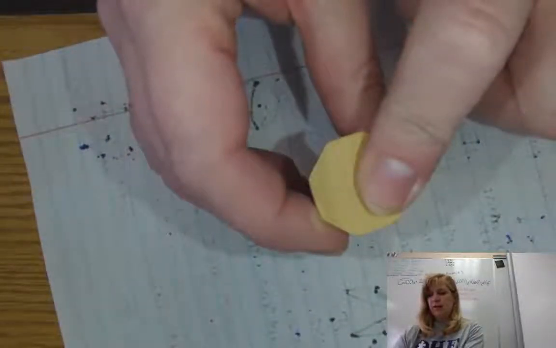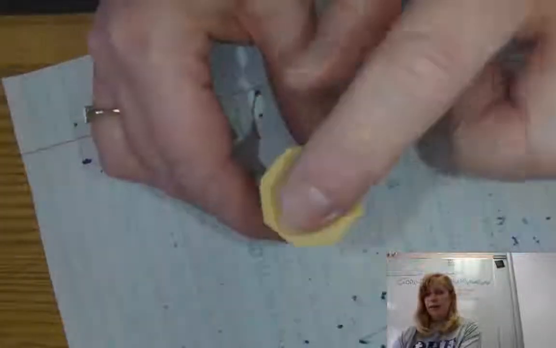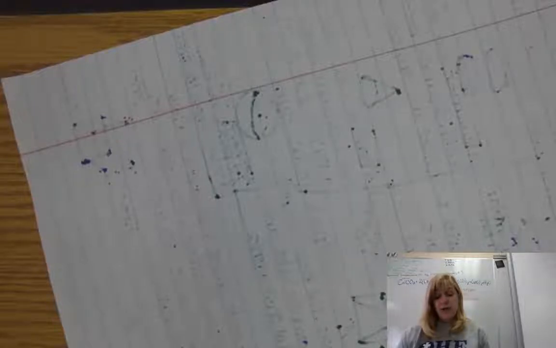So there would be 8 around here, but then we have this and 9, and this is number 10. So don't forget those ones on the edges. There are mistakes that you can make when you're counting those edges and those vertices. So really think in your head what that shape would look like, and I will leave a bag of shapes over on the counter where our science supplies usually sit.